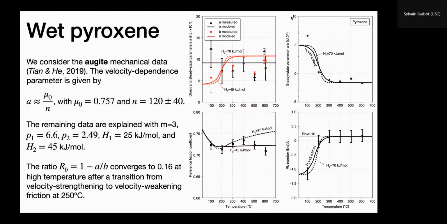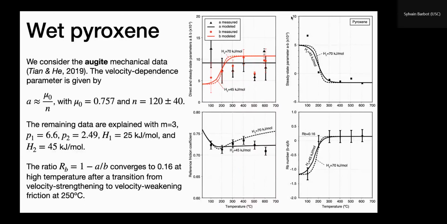And as you can see, these are experiments conducted between room temperature and almost 700 degrees Celsius, a wide range of temperature. There's no obvious trend of the direct effect parameter with temperature, so we explain this data with essentially the mean value, close to 8 or 9 ×10^-3.